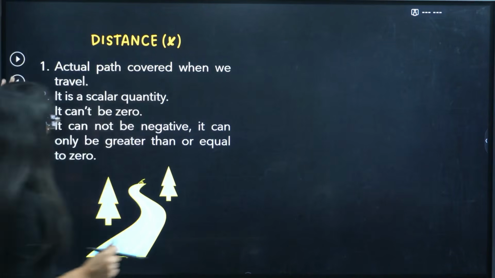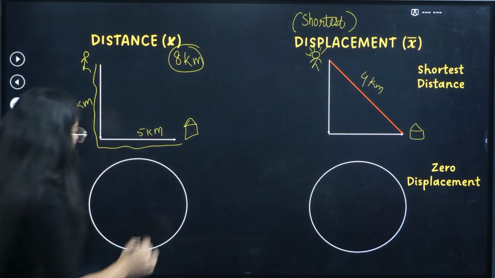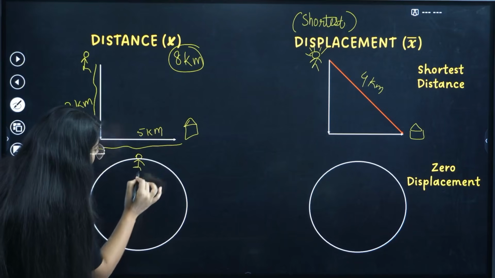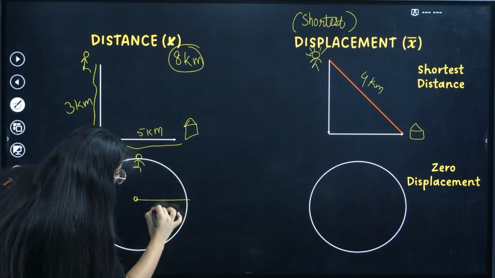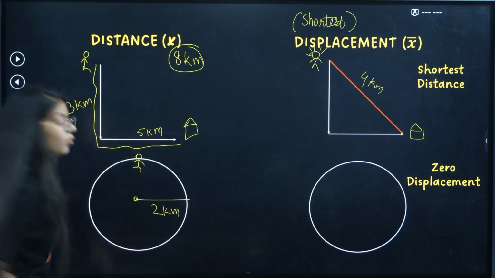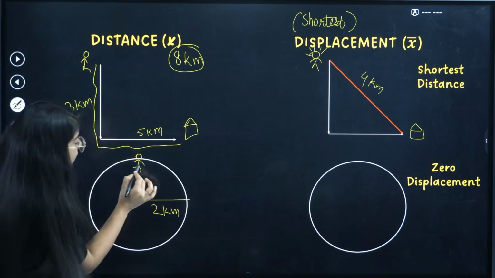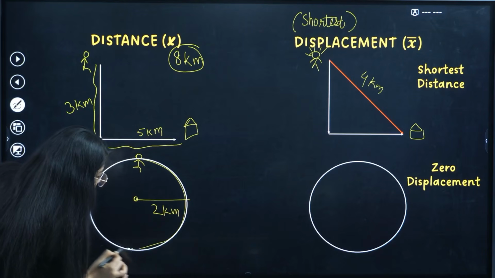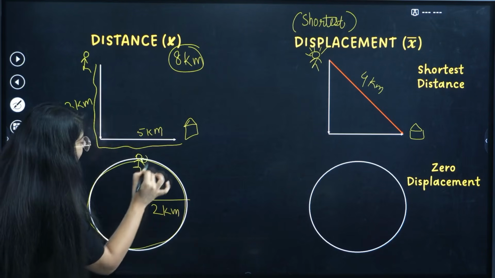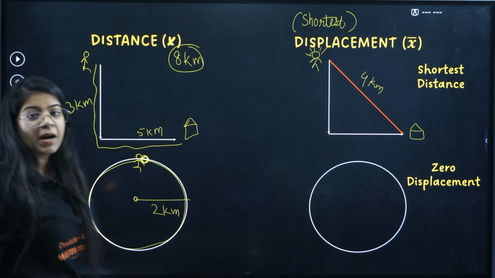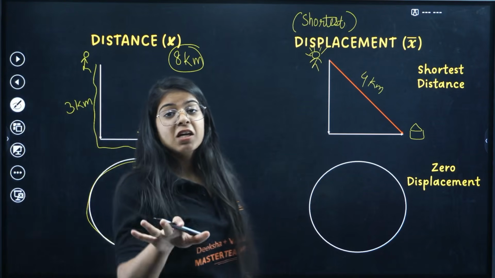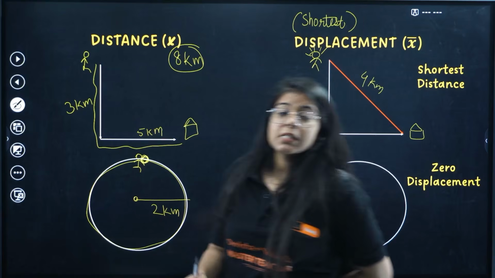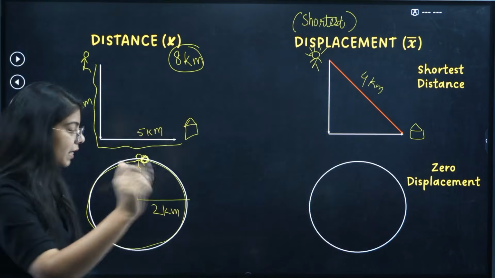Imagine this is a circle now, okay? This is a circle and you start here and the radius of this circle is, let's say, 2 kilometers. Okay, 2 kilometers. Now you went through this whole path. Let's say you're jogging and you come back to the same point. Then let's say the app you're using to track the distance will tell you the total distance that you traveled, right?